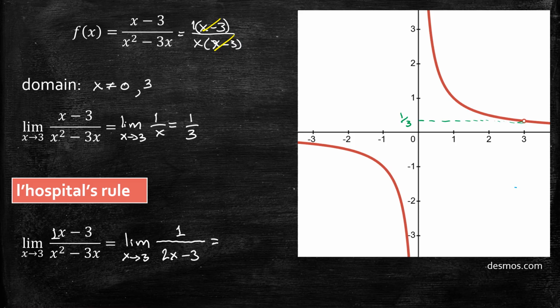We're at a place where we can use direct substitution, and we can plug in 3, 2 times 3 minus 3, and we get 1/3, the same answer as up here. So sometimes it's nice to see something like L'Hopital's rule in action before you get bogged down with all the necessary conditions.